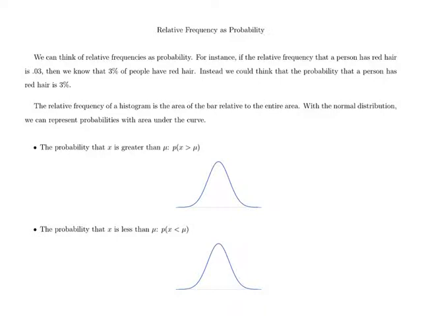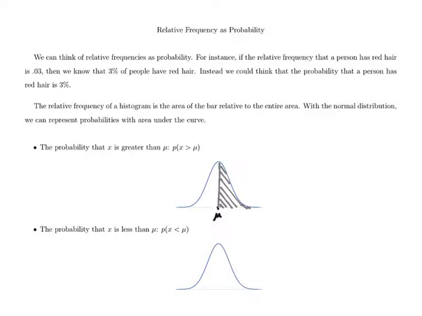So we say the probability that x is greater than mu in a normal distribution, that is the probability P(x > mu). Let's label our normal distribution. This is the center, which is always going to be mu. If I want to find the probability that something is greater than mu, I'm going to look at the area corresponding to bigger than mu. And this one we can just do by eyeballing.